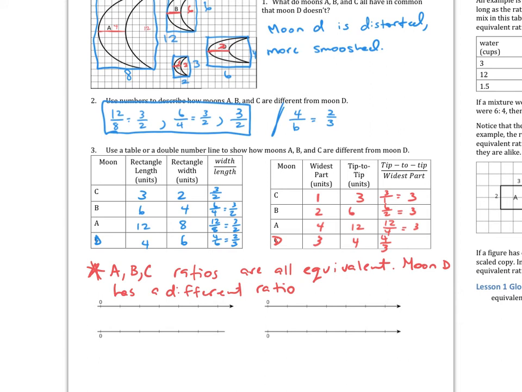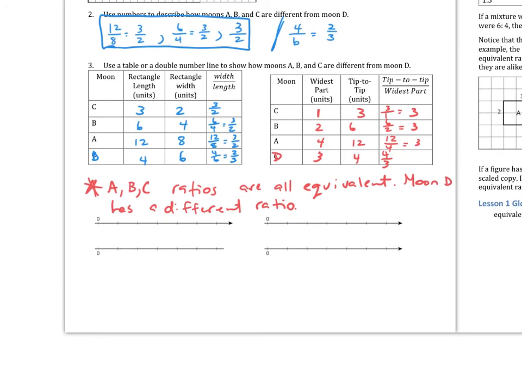And if we think back to when we talked about scaled copies, this actually connects back to it, because we can also say that moons A, B, and C are scaled copies of each other because of those equivalent ratios.